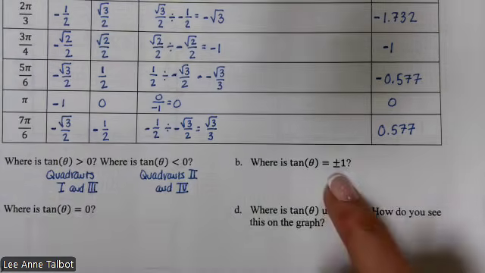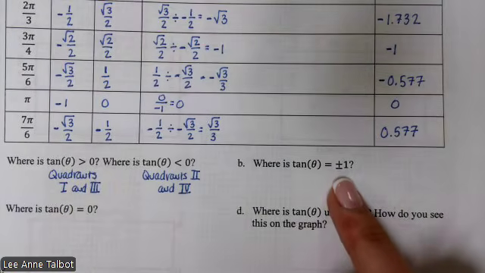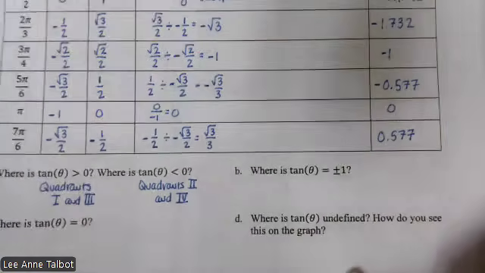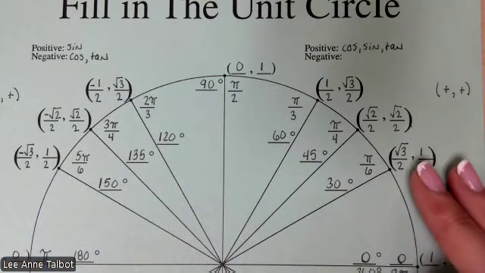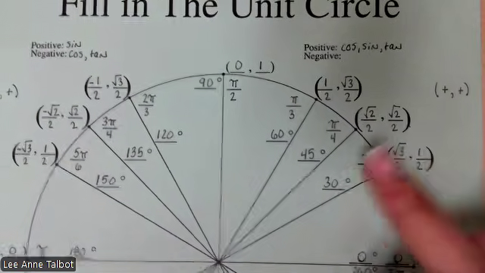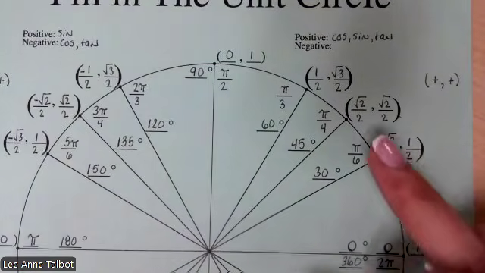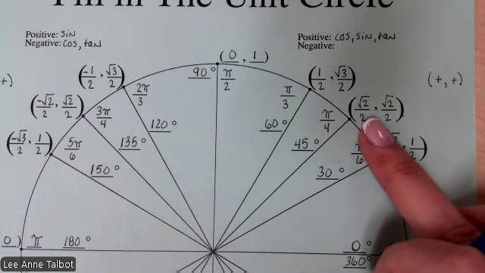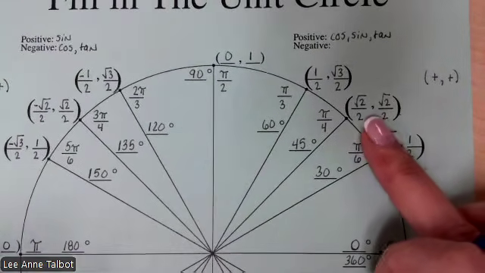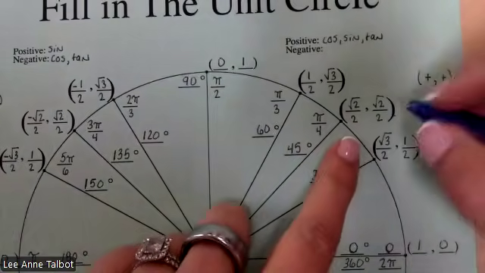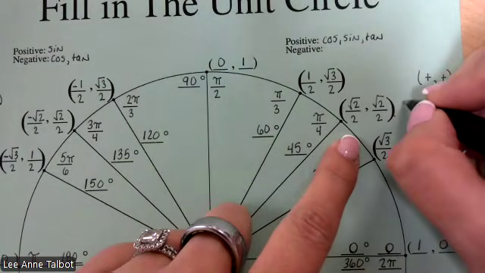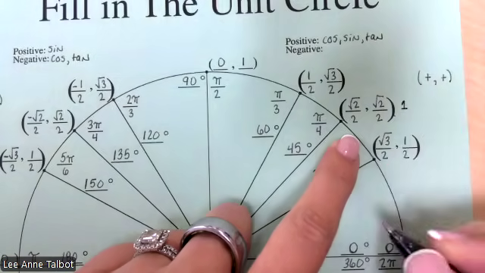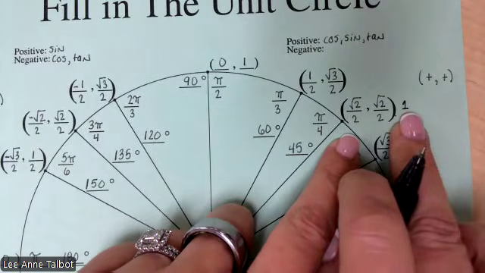Where is tangent positive and negative 1? Thinking about the fact that when you divide something by itself, it makes 1. It would be this spot, right? Wouldn't this make positive 1, guys? I'm going to put my tangents on the outside.